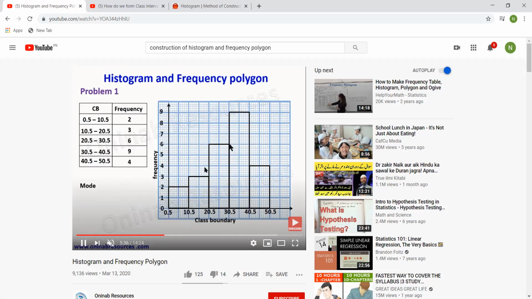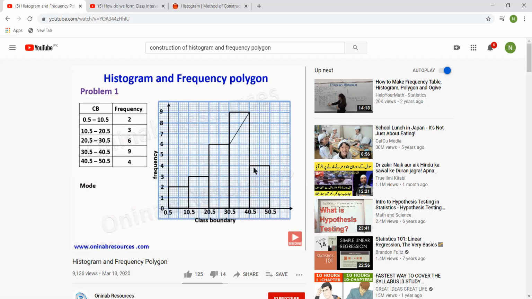So this is the histogram, which is shown by rectangular bars in the graph. The rectangles are connected to each other, because the histogram is a connected rectangular bar graph, so we need to create class boundaries for this type of graph.